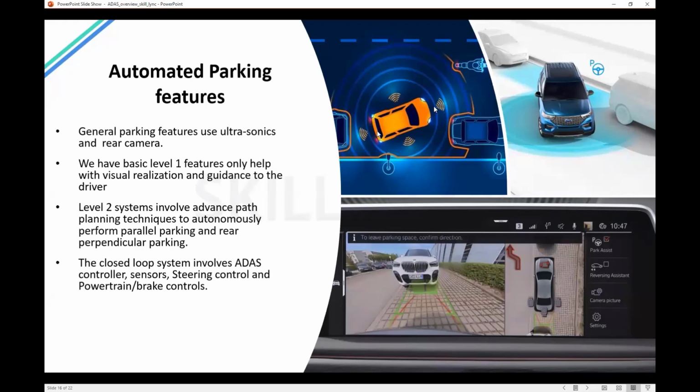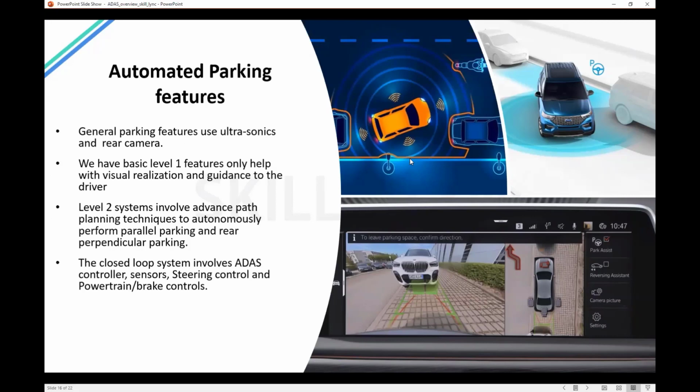So first, the ultrasonic sensors use the signals to map a surrounding. And once the surrounding is mapped, a path is planned. So a steering path is based on the gap between the vehicles. A path is planned, and the steering output is given automatically to the driver, and the car can autonomously park between the two vehicles.